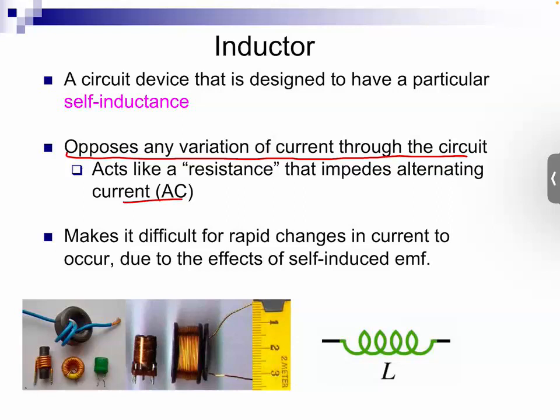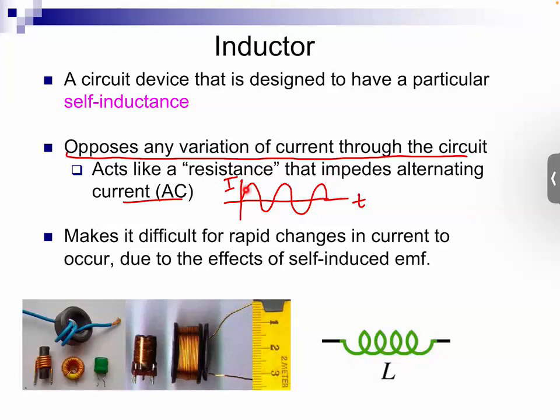When we were talking about direct current circuits, or DC circuits, we learned about the resistor. The resistor impedes the flow of charges and therefore controls how much direct current is flowing in your circuit. For an AC circuit, where you have an alternating current, we learned last time, it means that the magnitude of your current changes with time, right?